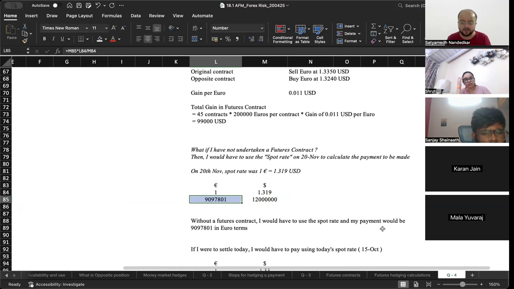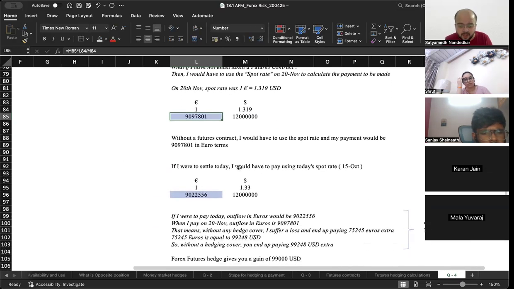In euro terms, if I were to settle today, I would have to pay using today's spot rate, which is 1 euro equal to 1.330. If I paid today, I would have to pay 9022556. If I wait till 20th of November, I end up paying 9097801.